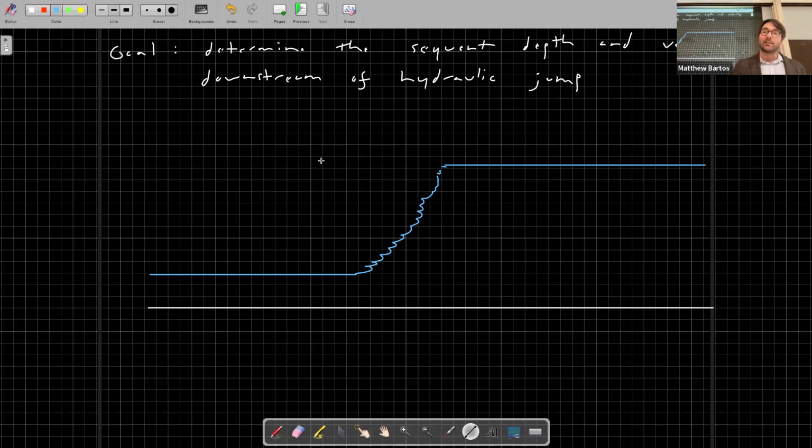So again, in analyzing and designing these hydraulic jumps, we want to be able to determine what the depth and velocity are going to be downstream of the jump. So let's take a look at a hydraulic jump. I'm going to draw a control volume around our hydraulic jump.